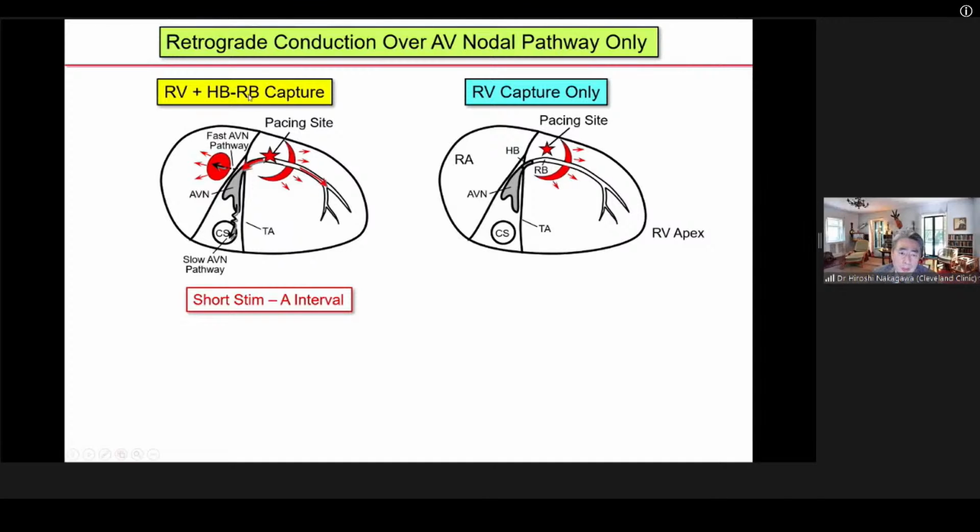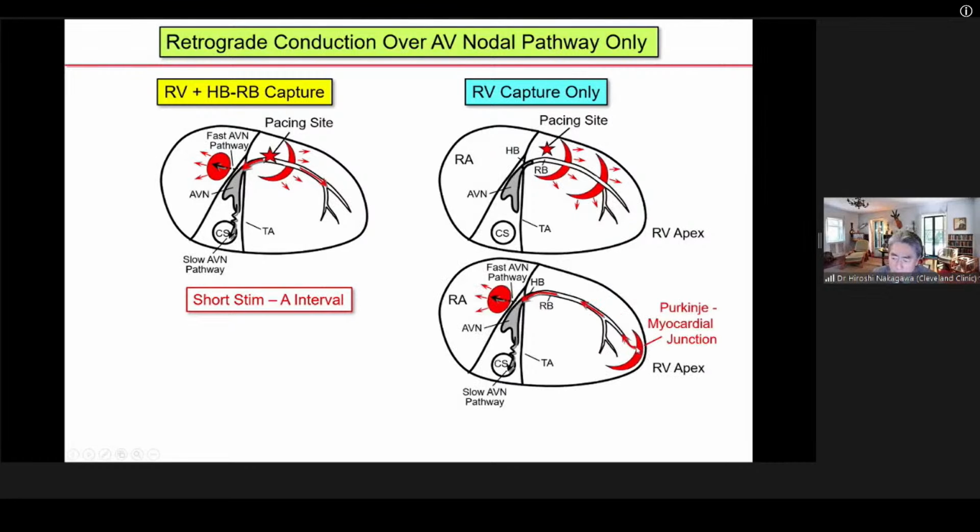If you lose the His-right bundle capture and have RB capture only, now the ventricular waveform propagates from the base to the apex, and finally through the Purkinje-myocardial junction at the apical region, it comes back retrogradely through the Purkinje system and finally activates the right atrium through the fast pathway.